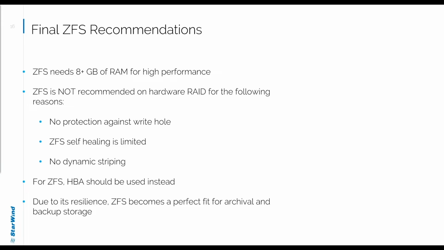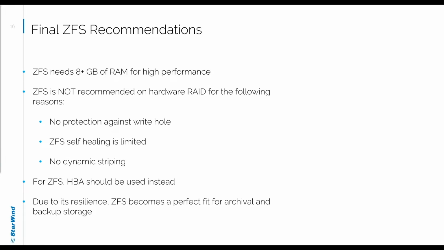Additionally, ZFS was created with virtualization in mind as part of Solaris, so it can also be used for production and virtualization workloads. However, from the technical perspective and taking into account the CoW feature, it's mostly the best case for archival and backup storage needs. Now, talking about StarWind and ZFS.